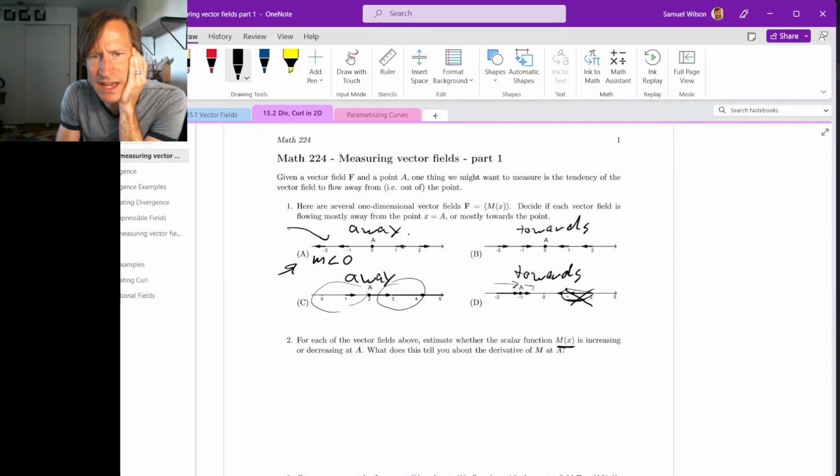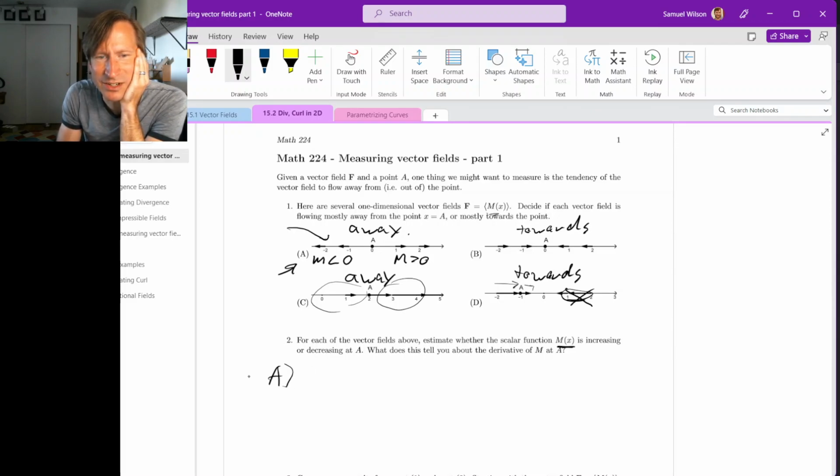To the right of A, the vector is pointing to the right, and that means this coordinate function must be positive. So M is positive over here. So as we go through A, M is going from negative to positive, so the derivative of M must be positive here.